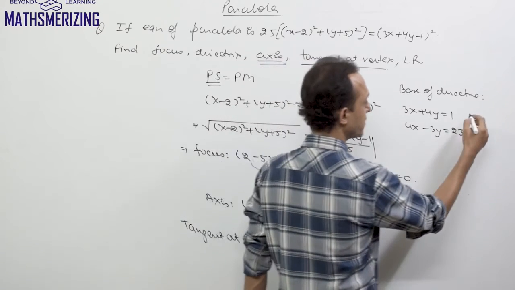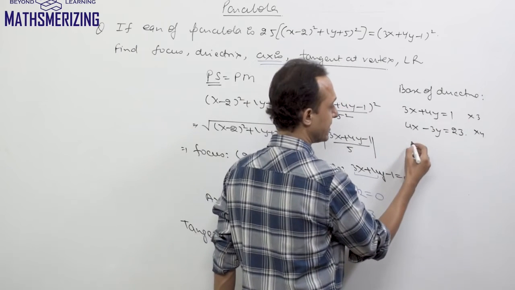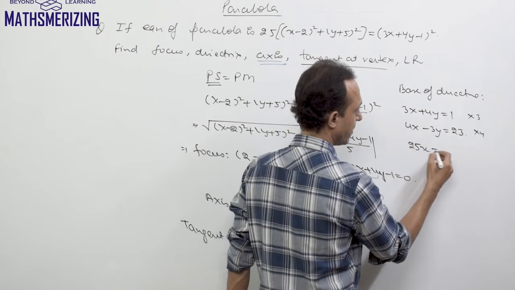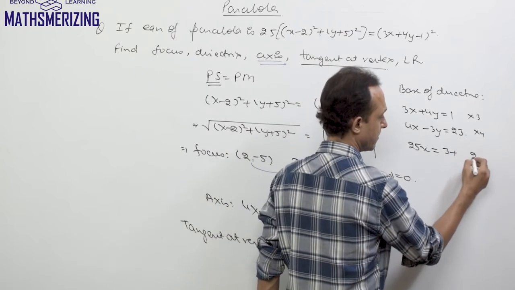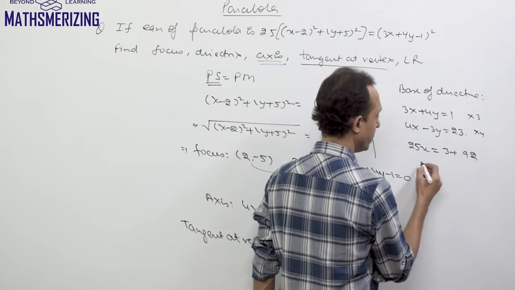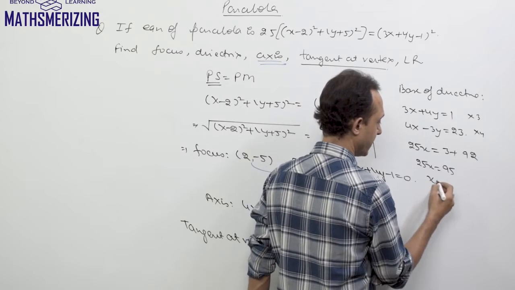So I'll multiply the first one with 3 and the second one with 4. So I'll get 9 and 16. So there'll be 25x, and it should be 3 plus 92, so 25x equals 95. So here the value of x is 19 upon 5.